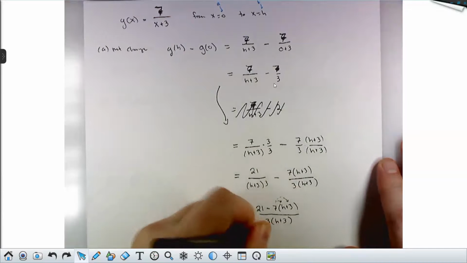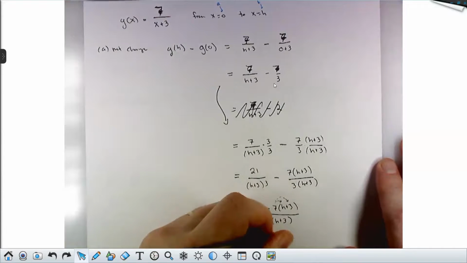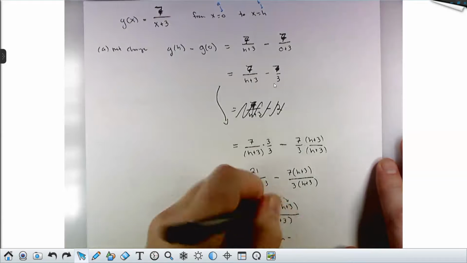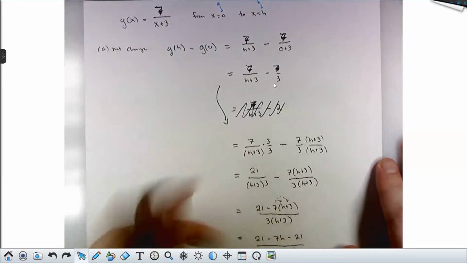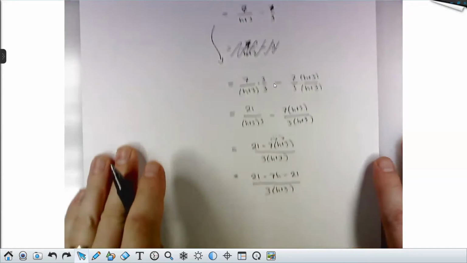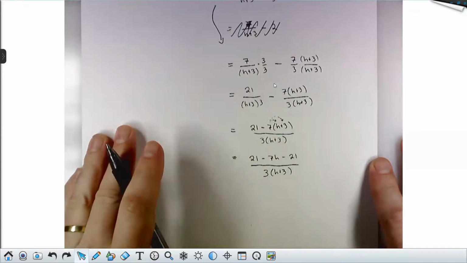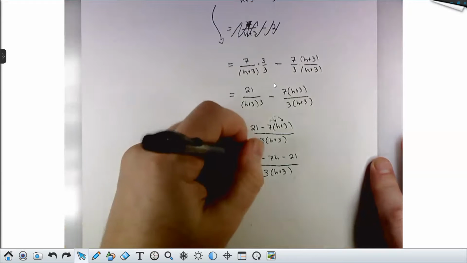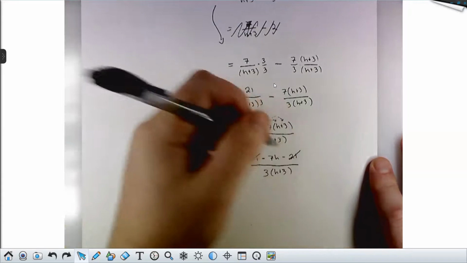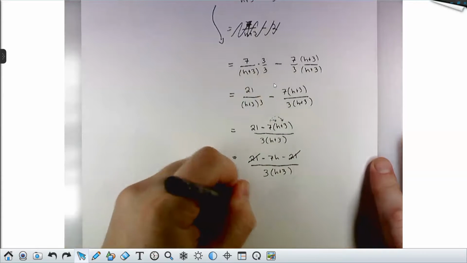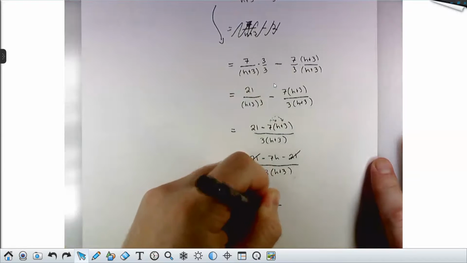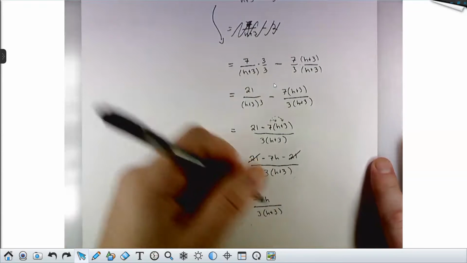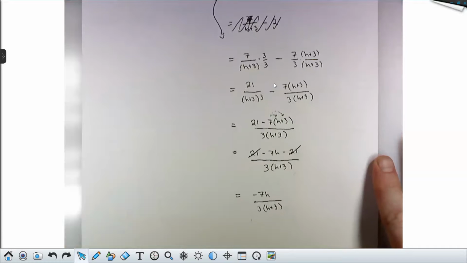So that's 21 minus 7h minus 7 times 3, which is 21 again, all over 3 times h plus 3. The positive 21 and negative 21 will eat each other up, and we'd be left with negative 7h over 3 times h plus 3. That would be our fully simplified net change.